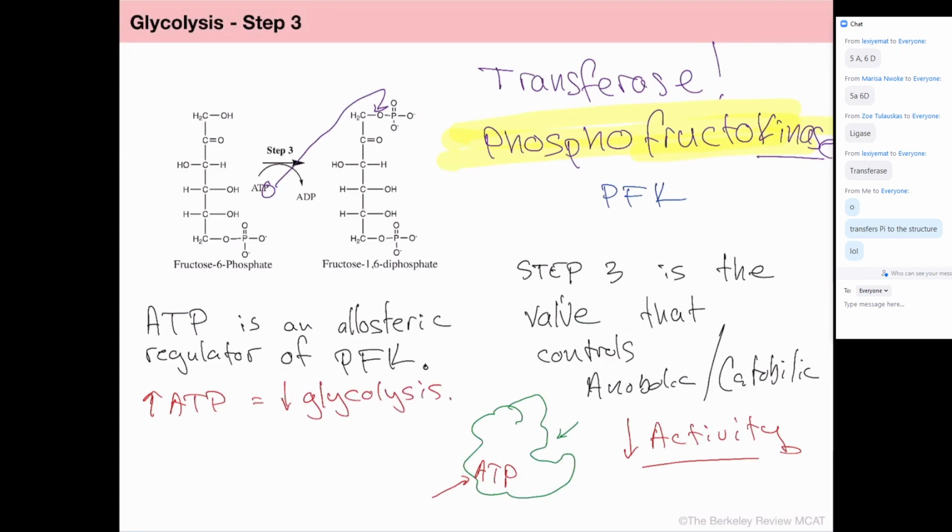Now, this is super cool, and very heavily controlled, because if you have AMP, signaling that there's low energy in the cell, it acts as an allosteric regulator again, but with the exact opposite effect. It increases activity.